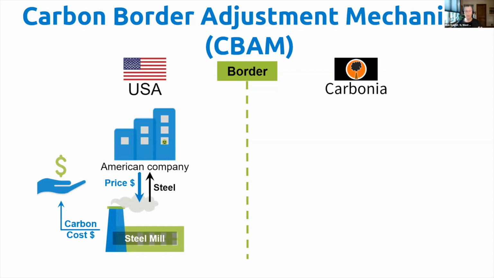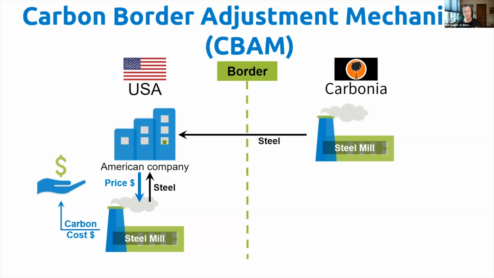Now, the problem for the American steel company is that a steel mill in Carbonia has fewer regulations and no carbon price, so their steel costs less to produce. And so Mr. American Steel buyer here can import the Carbonian steel at a cheaper price.